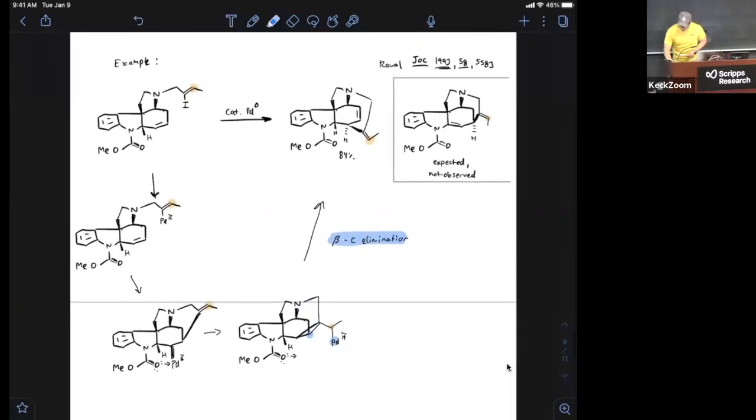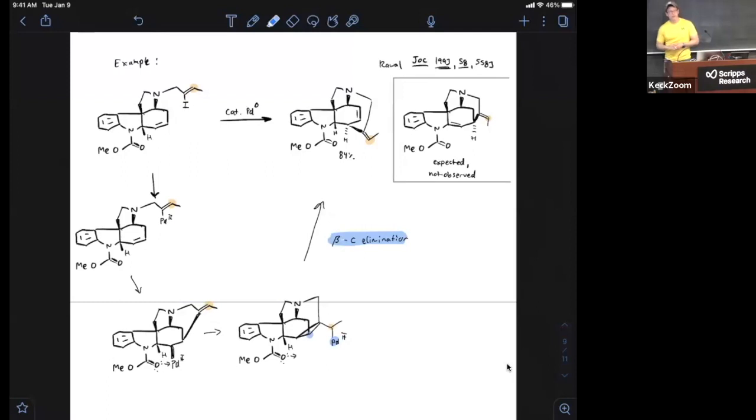I'll zoom out. The key point to take away is when you're migrating alkenyl palladium species into alkenes, it's actually quite common for them to re-react to make a cyclopropane. And that can be a means by which your alkene stereochemistry is eroded potentially, or it can actually turn on some new reactivity.